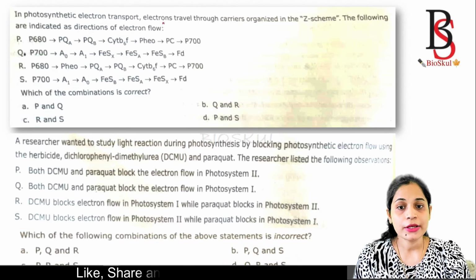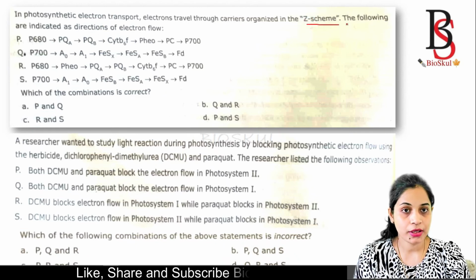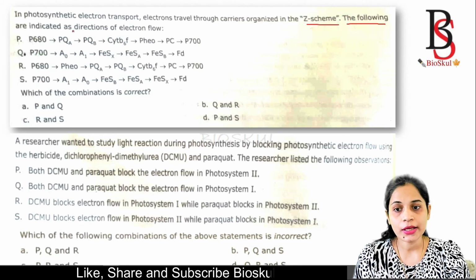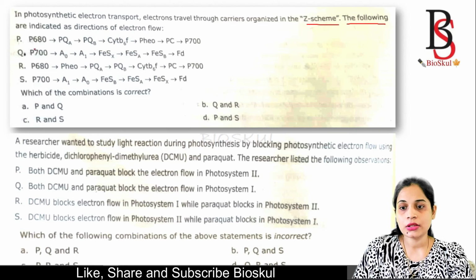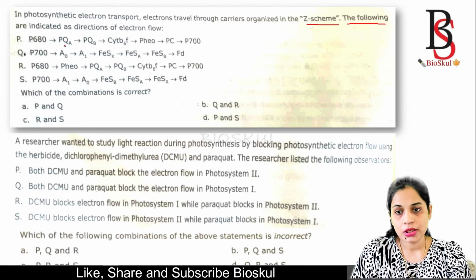In photosynthetic electron transport, electrons travel through carriers organized in the Z scheme. Okay. The following are the indicators of direction of electron flow. Okay, let's see the direction. P680, then it moves to the plastoquinone A, but before that it transports to the pheophytin. No, so this one is not correct.